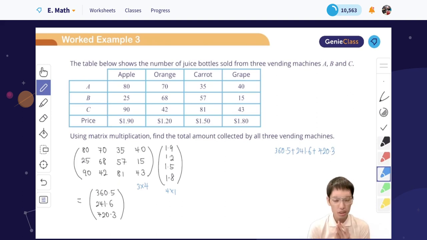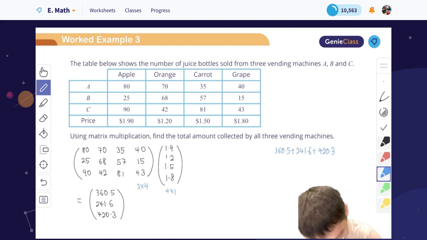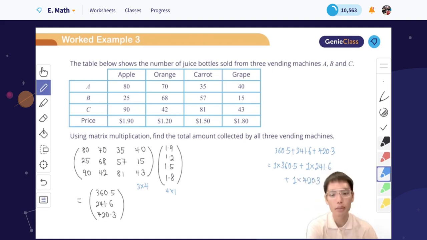But take note, the question says matrix multiply. So how do I form this in a matrix? Now remember, in matrix multiply, there is always something multiplied by something. Something multiplied by something, something multiplied by something. So can I actually say that this entry is 1 times this, and 1 times this, a particular way of multiplying my stuff?